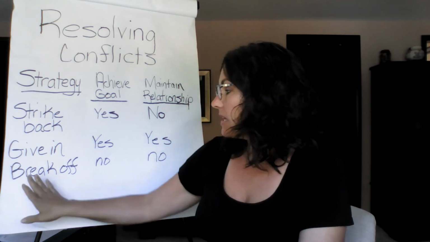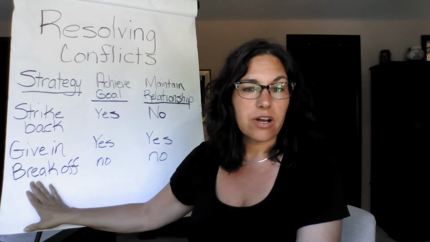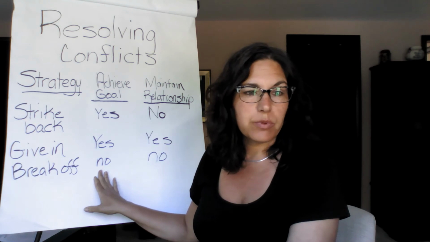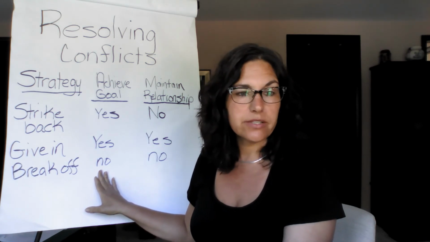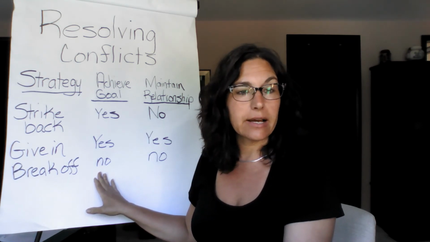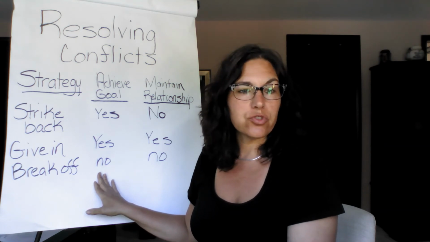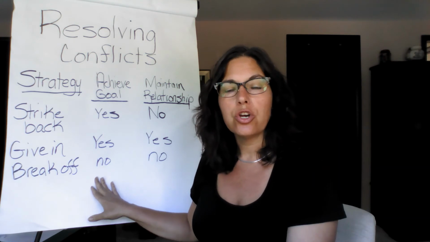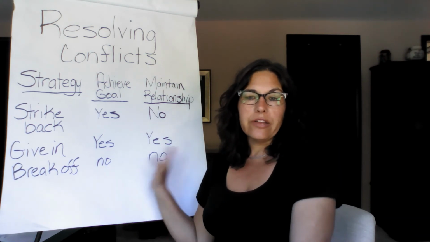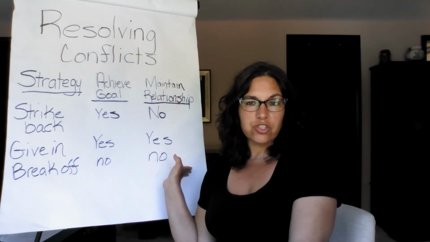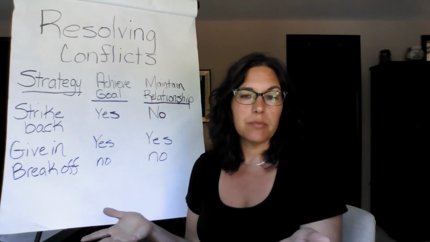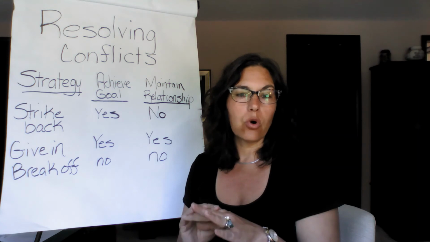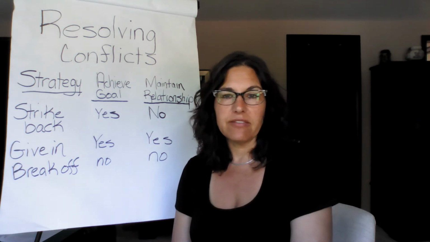In using that type of strategy, your goal is not achieved because you did not get what you want. So in our example of the friend hanging out and you having to do chores, if you just refuse to engage in the conversation, you're not reaching your goal, nor are you maintaining the relationship. Neither person's needs or goals were met when you just break off or walk away and leave that conflict hanging there.